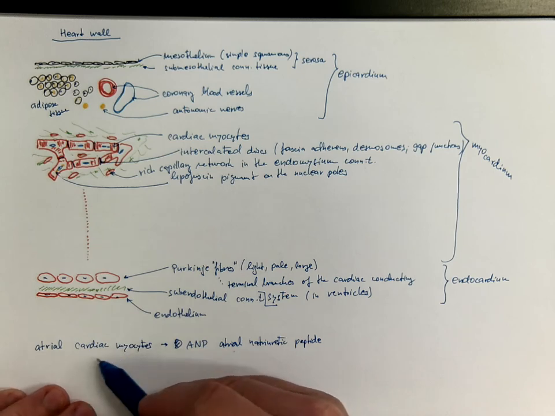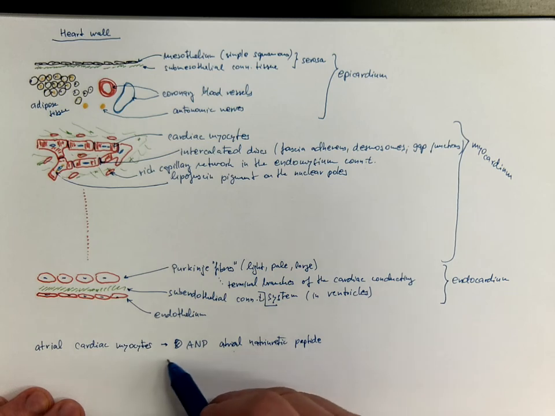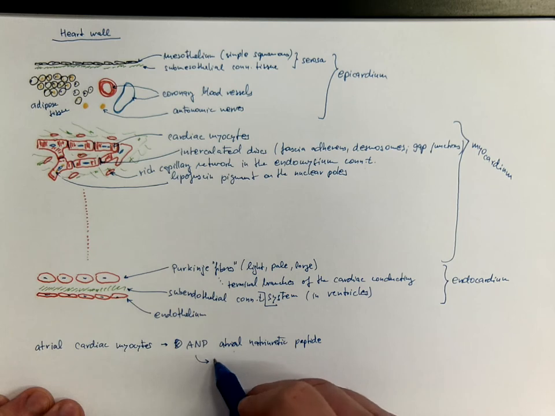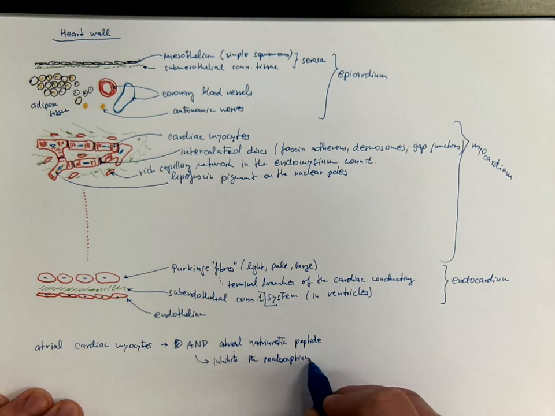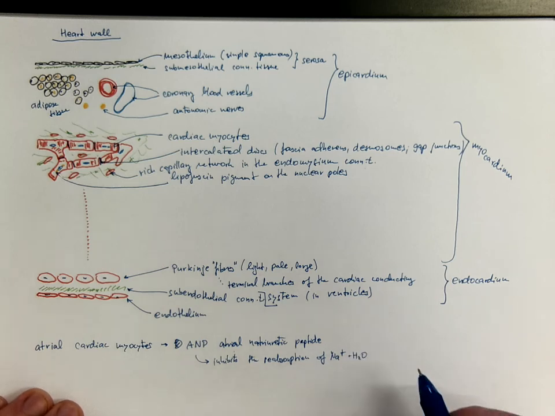When the cardiac myocytes of the atria are dilated by the increased volume of blood that returns into the atria, it responds with the release of this hormone that inhibits the reabsorption of sodium and the water bound to this sodium in kidney.